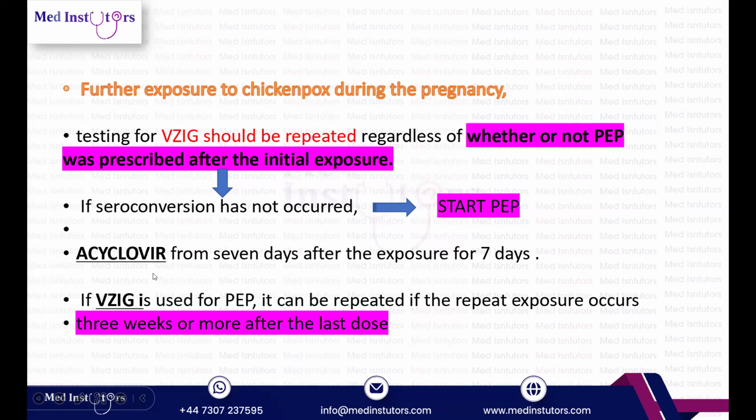However, the immunoglobulins we have to give at least 3 weeks or more after the last dose. That is very important. For any repeated immunoglobulins, there should be at least a 3 week difference. Is that clear till now?